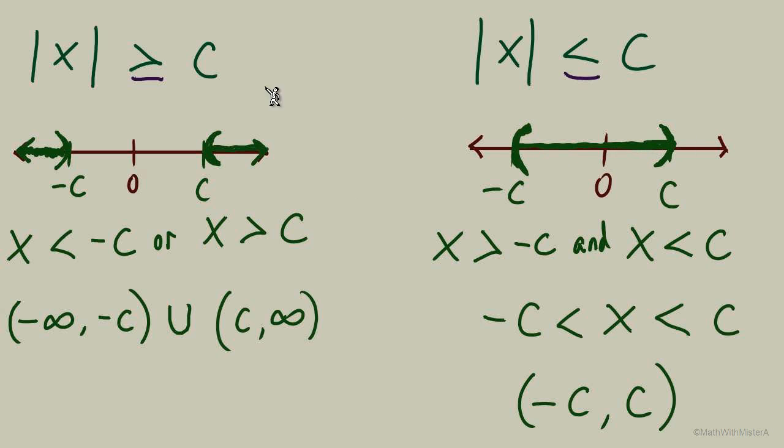At this time, let's also cover what happens if we don't have strict inequalities. Here, absolute value greater than or equal to c, and over here, less than or equal to c. It's not going to make any huge changes. In terms of the number line, instead of using round parentheses, we use square brackets. When we split up the inequalities down here, we still have to use these non-strict inequalities.